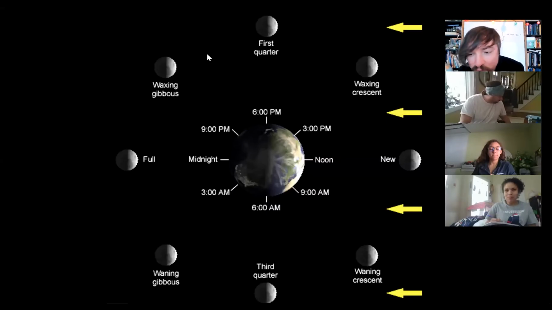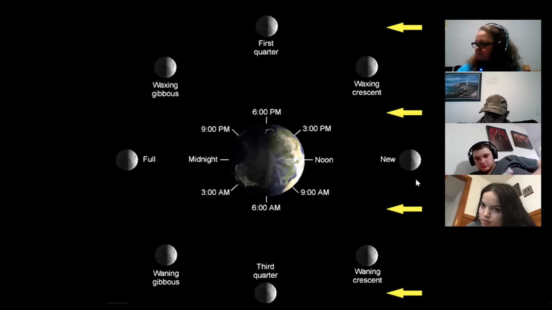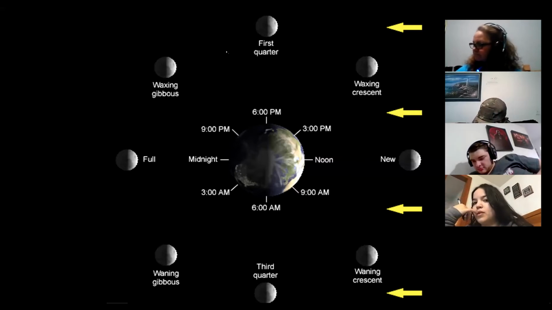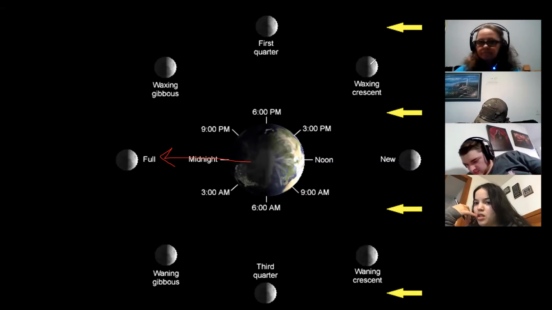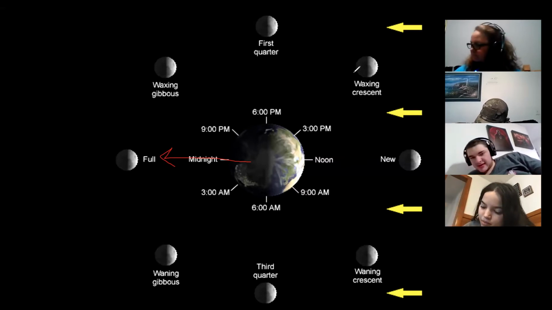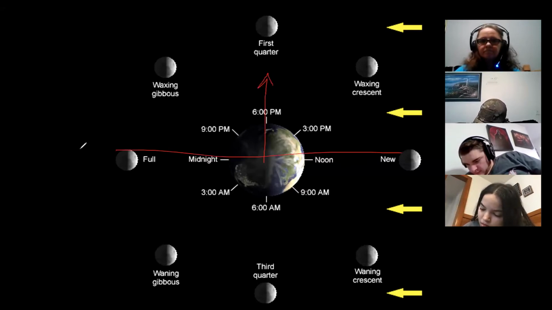What time will the full moon cross your meridian? Midnight. Very good, Ryan. Ryan, can you tell me what time the full moon will rise? 6 p.m. Very good. And what time will it set? 6 a.m. Excellent.